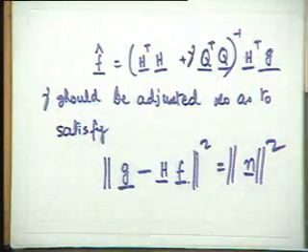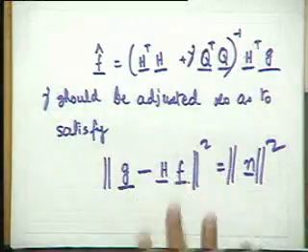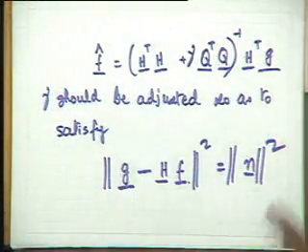If we are fulfilling the criteria, if g minus h f hat square is equal to n square, or very, very close to n square within some reasonable accuracy limits, then we stop our iteration there.